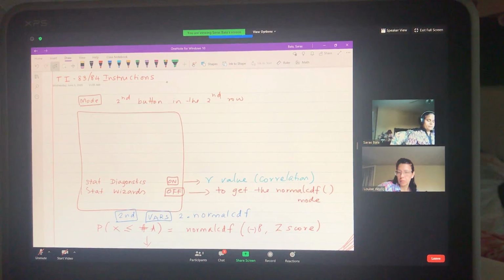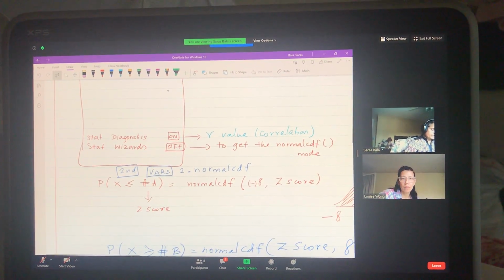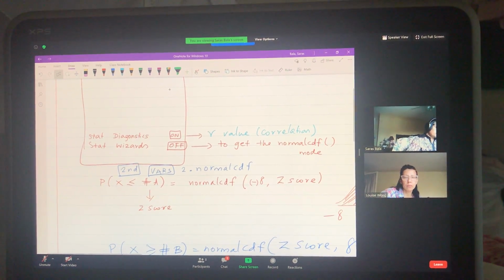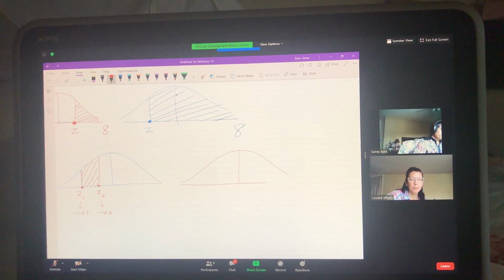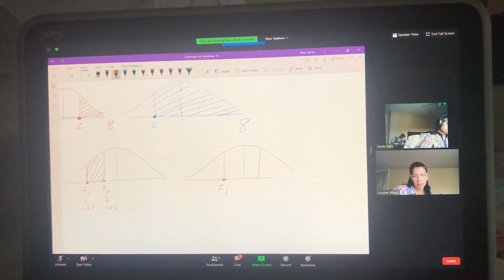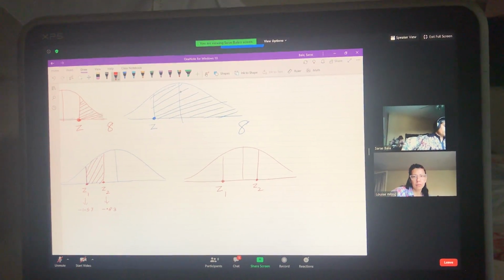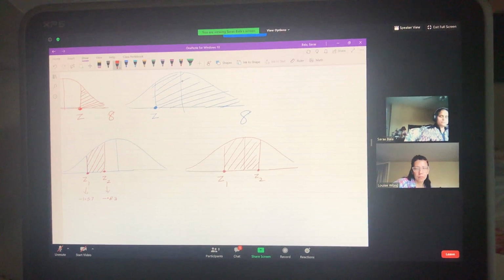All right. So here I am going to have a couple of z-scores. If both z-scores are negative, or you can also get the scenario where one z-score is negative and one z-score is positive. So this one is a negative z-score and this one is a positive z-score. Still, you're going to use a normal CDF, the area bounded between the two z1 and z2 scores.